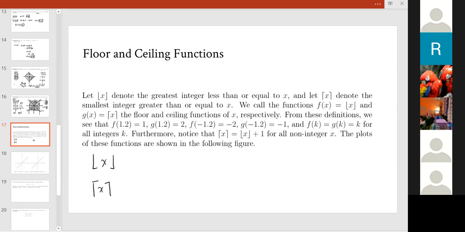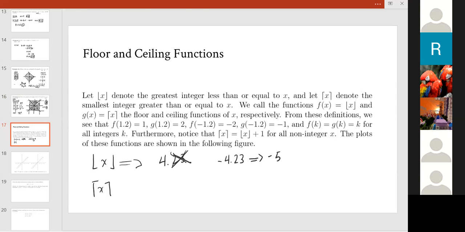So for example, the floor of x is basically chopping off the decimal part for non-negative numbers. And then for negative numbers, if we have like negative 4.23, the greatest integer less than or equal to that would be negative 5. So only for non-negative numbers, you can just take off the decimal part.